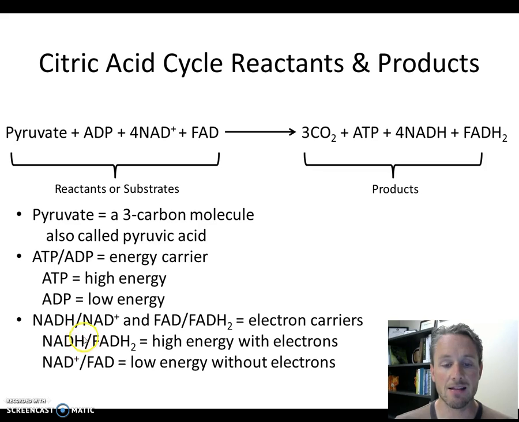The form that ends in an H, the presence of the H gives away that it's the high energy form with the electrons. The form without the H is the low energy form without the electrons. So as long as we can keep those details straight, we'll be able to recognize that these chemical reactions are producing these forms of these molecules that are holding on to energy that our cell can use.